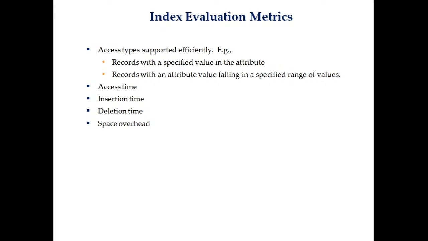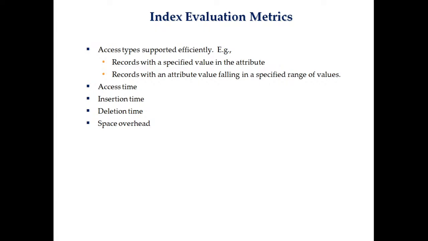Apart from the access type, some other index evaluation metrics are the access time, that is, what minimum access time is required. Insertion time: if you want to add new entries in your index file, what is the insertion time. And if you want to delete an index from your file, what is the deletion time.